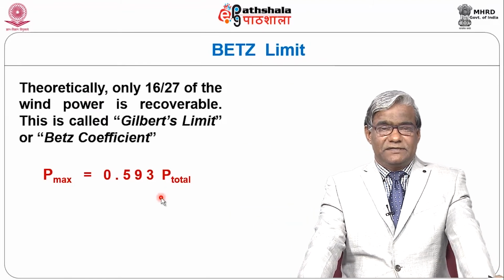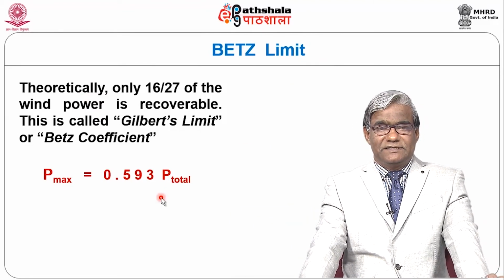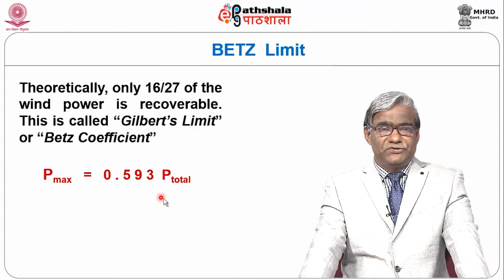The Betz limit is an important terminology in wind energy systems. Theoretically, only 16 out of 27 of the wind power is recoverable. This is called Gilbert's limit or Betz coefficient.